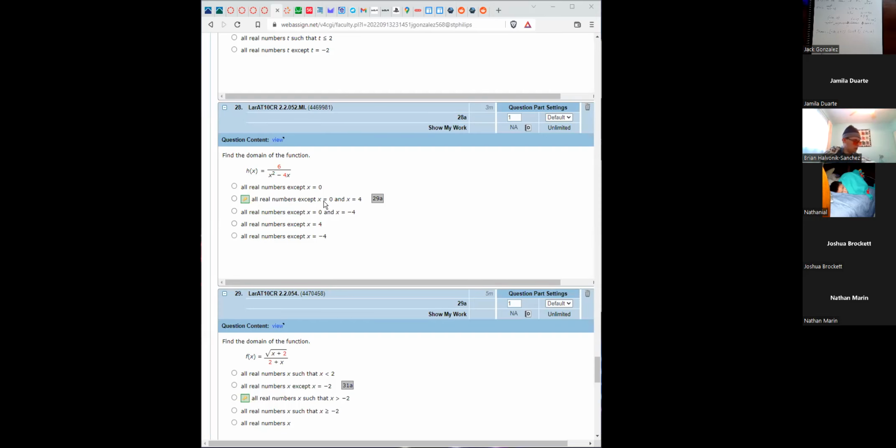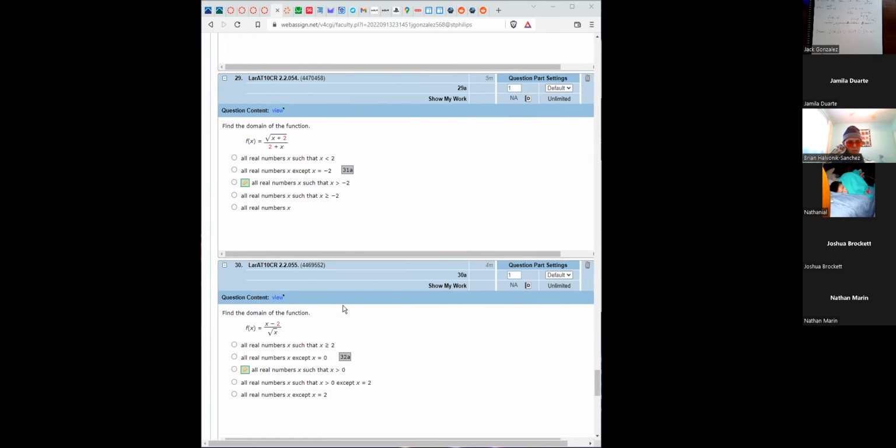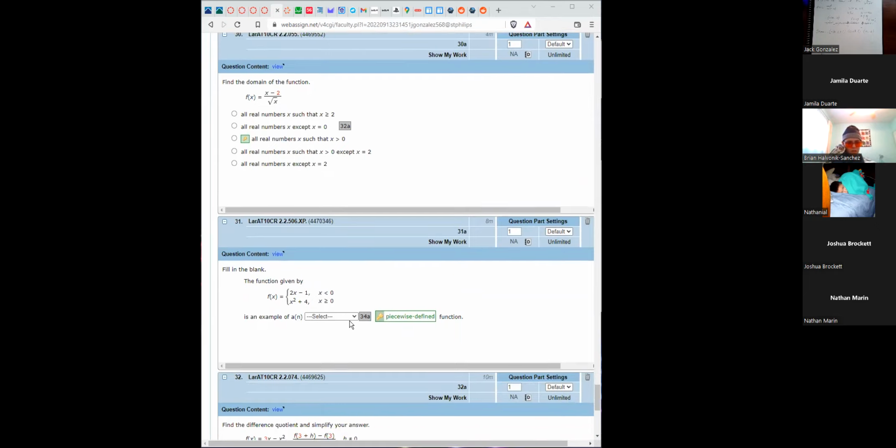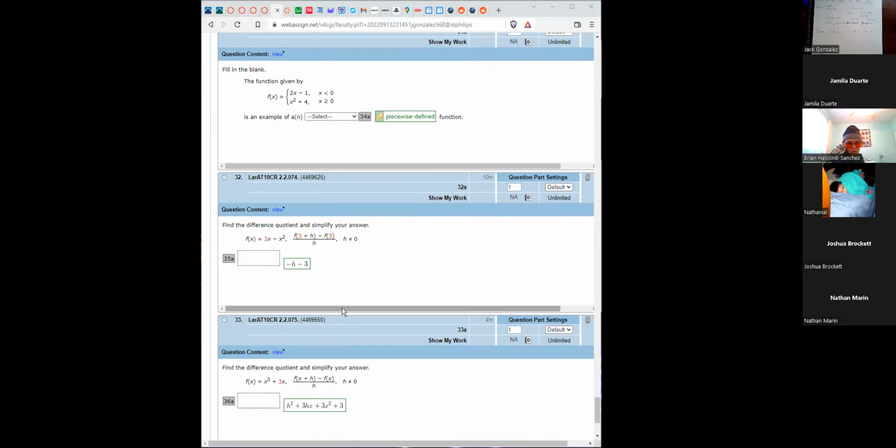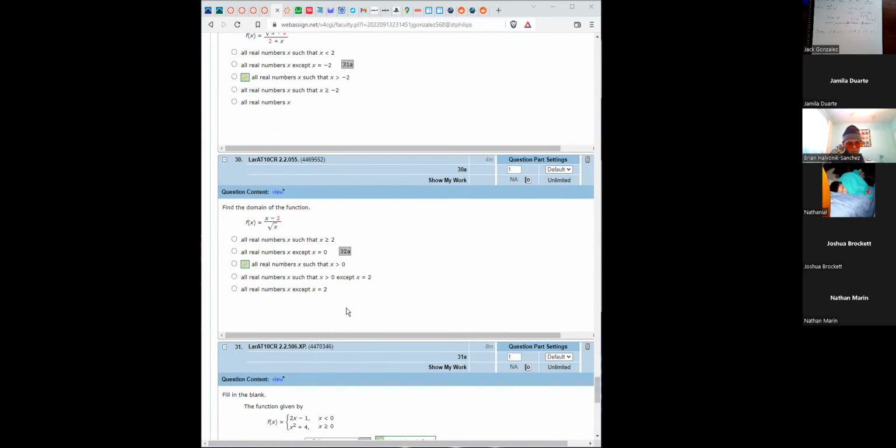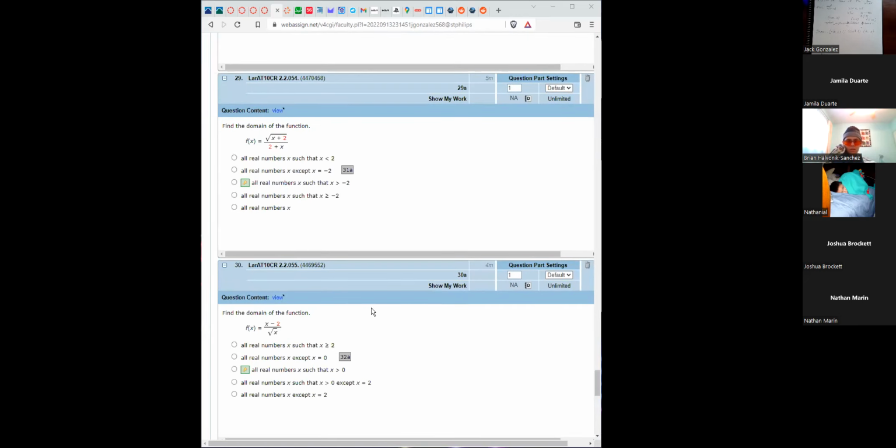Just in plain English, right? X is not 0, X is not 4. Everything except those two spots is technically the answer. But if they ask for interval, the way I did it is how you're supposed to do it. Any questions on that?